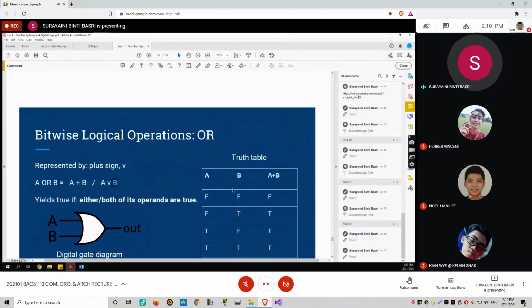Okay, so for OR, as long as either one of the components is true, the answer will be true. So it is different from the AND previously. Only when both are false, then the answer will be false.